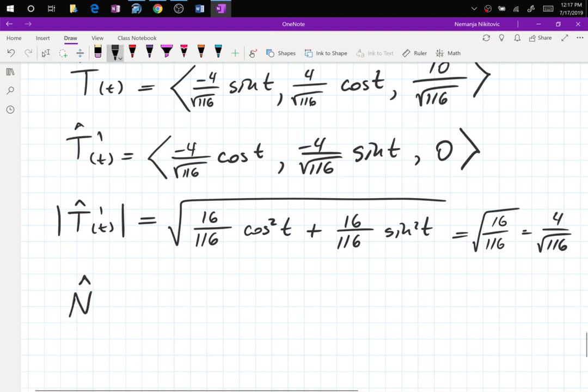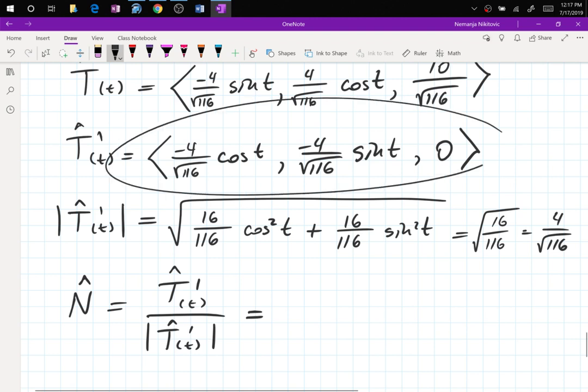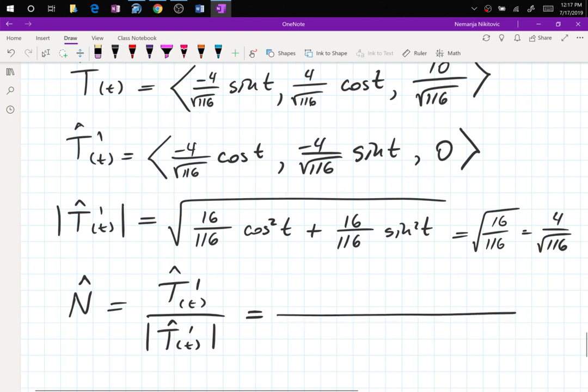N hat is t hat prime of t divided by the magnitude of t hat prime of t. So we have our t hat prime, which is this mess over here. That goes in the numerator, divided by 4 over square root of 116, which is the magnitude, which goes in the denominator.